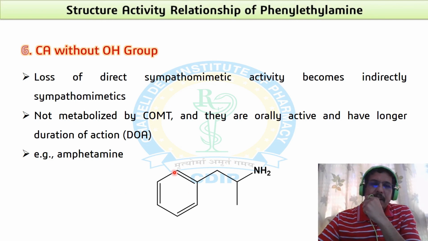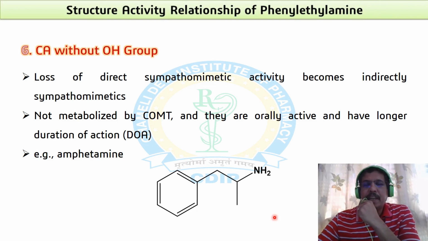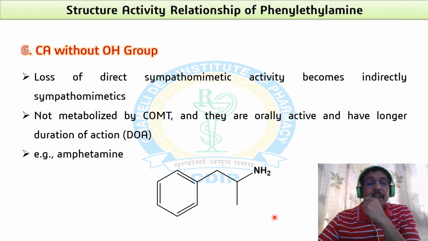The example of this modification is amphetamine, an indirectly acting sympathomimetic agent, which shows its action by enhancing the release of norepinephrine, as well as interfering with the reuptake of epinephrine or norepinephrine, and at higher concentrations it inhibits the monoamine oxidase enzymes.